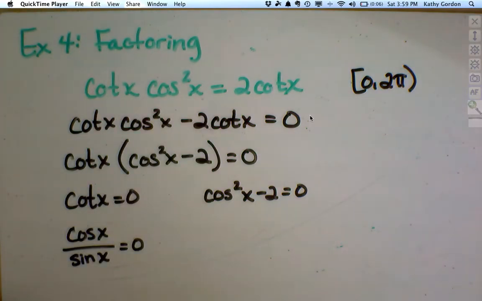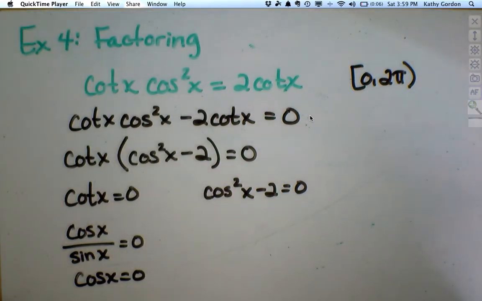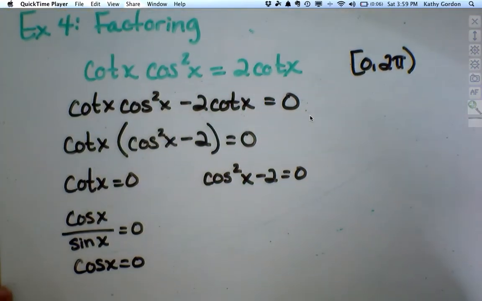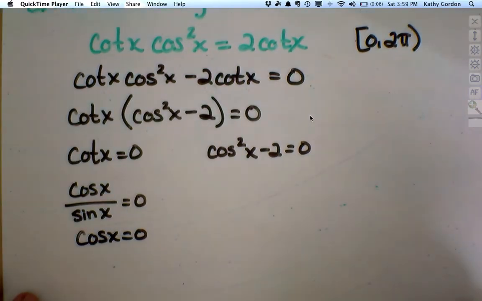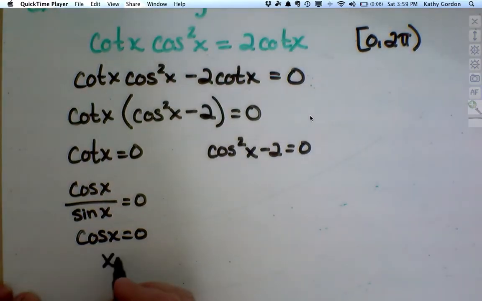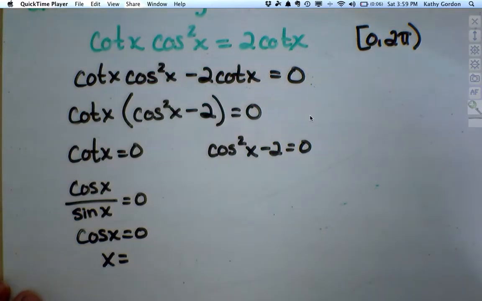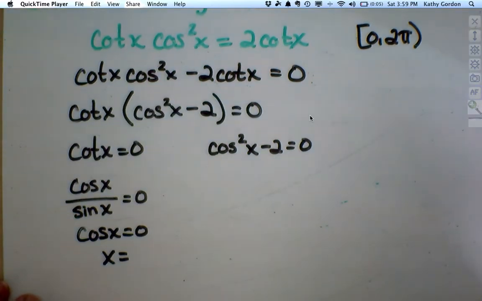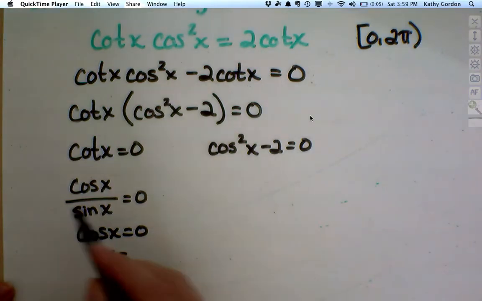And when you think of it in this way, the only way this fraction becomes 0 is if we make the cosine of x equal 0. So what are the values of x that will make cosine of x equal 0? Well, those are the axes, right?